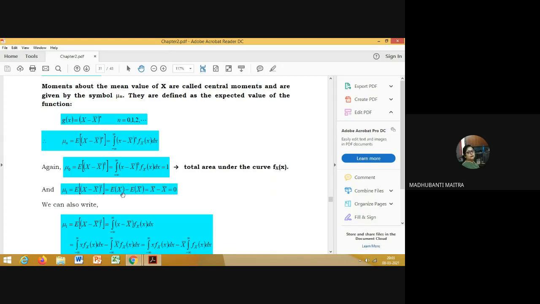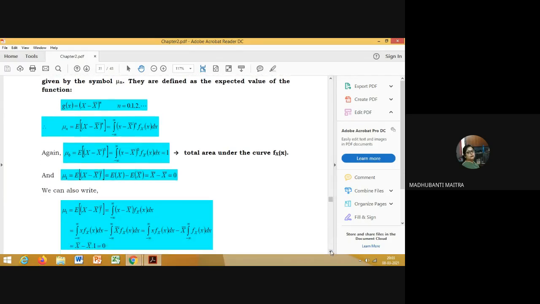Now expectation of the random variable x gives us the average value, or expected value, x bar. And since x bar is constant, the expectation of x bar will result in x bar only. So x bar minus x bar will be equal to 0. So the value of the first central moment will be 0.